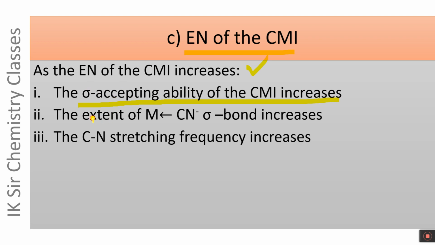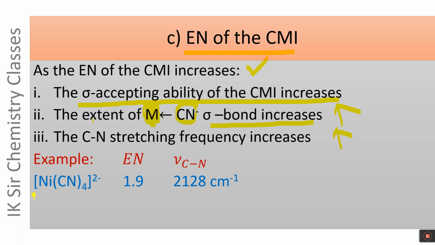As a result, the extent of CN minus to metal sigma bonding increases because its sigma accepting ability increases with increase in electronegativity, and when the extent of this sigma bonding increases, CN stretching frequency also increases. Let us illustrate with another example.